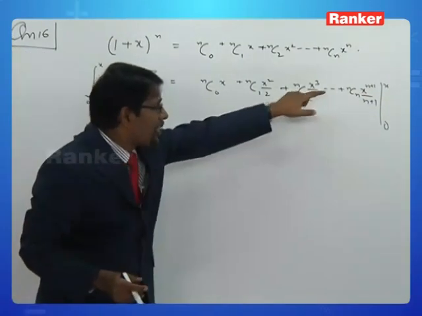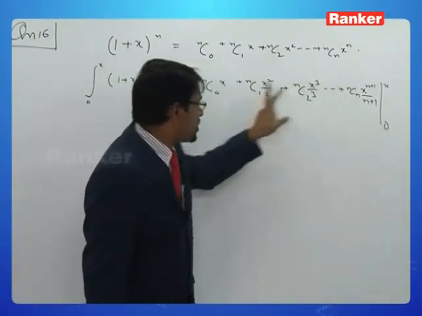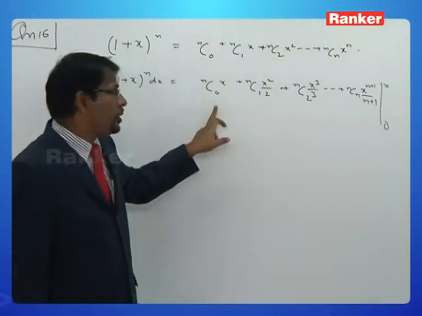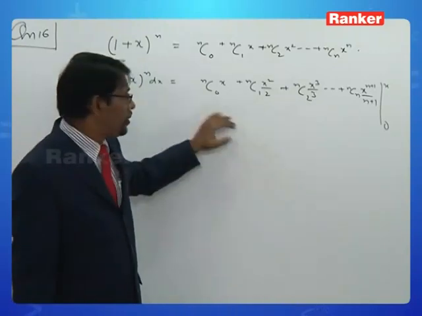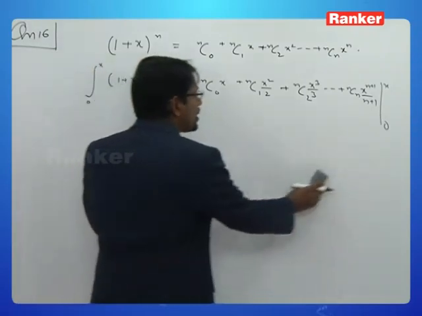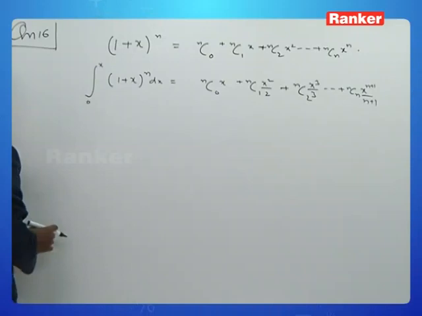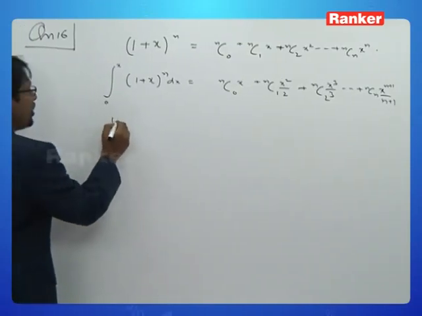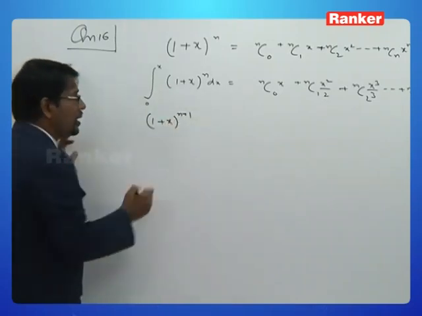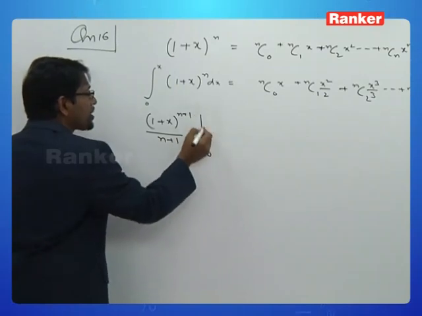When you apply the upper limit, I get this expansion itself, and when I put the lower limit, since each term carries an x symbol, all the terms will go to 0. So upper limit minus the lower limit gives me the same thing. So I don't need to actually carry this. Now coming to the left hand side, what do I have? 1 plus x raised to the power n plus 1 by n plus 1, within the limit 0 to x.